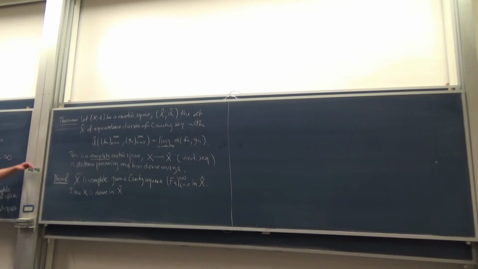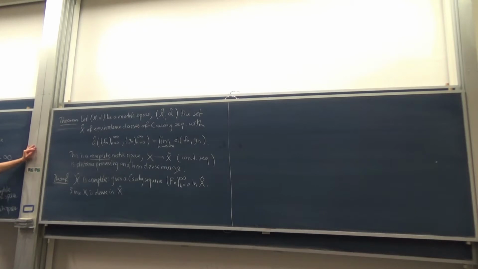Now recall that we proved that X, the original space, was dense in X hat, which is to say, we identify X with the subset of constant sequences in X hat, or rather their equivalence classes. That's dense. We proved that last time. We also proved that this is a metric space, so I'm going to use both of those facts in this argument.